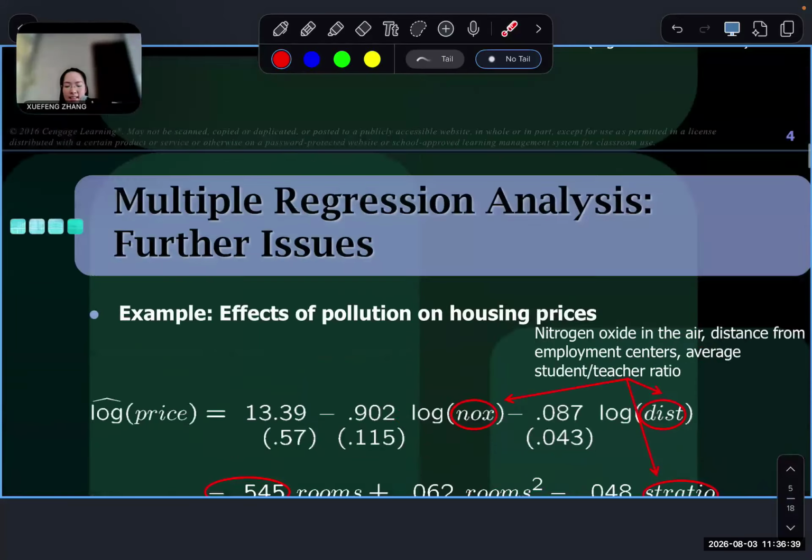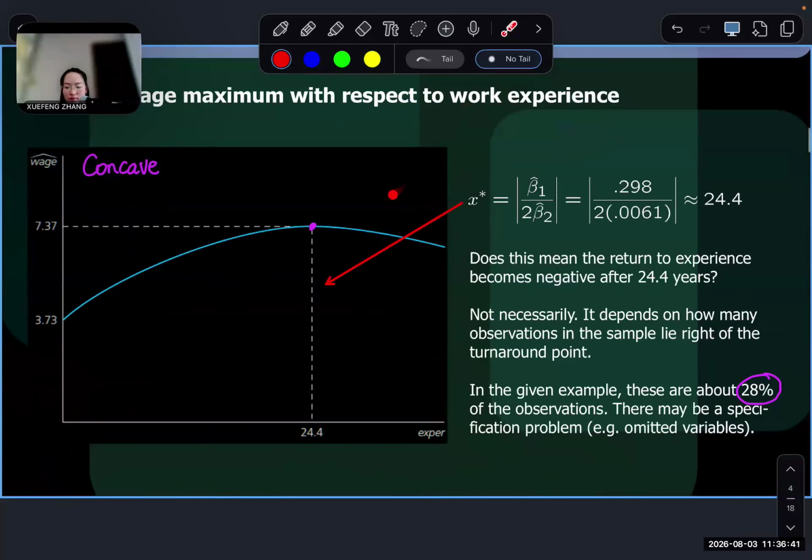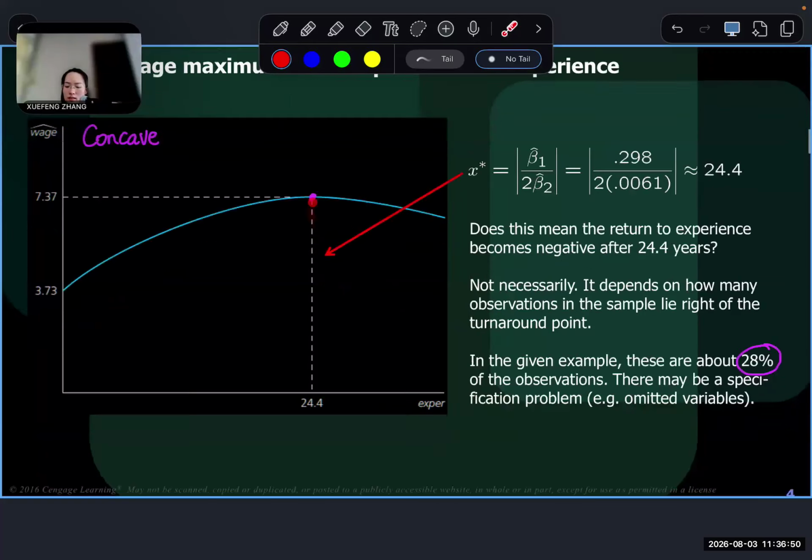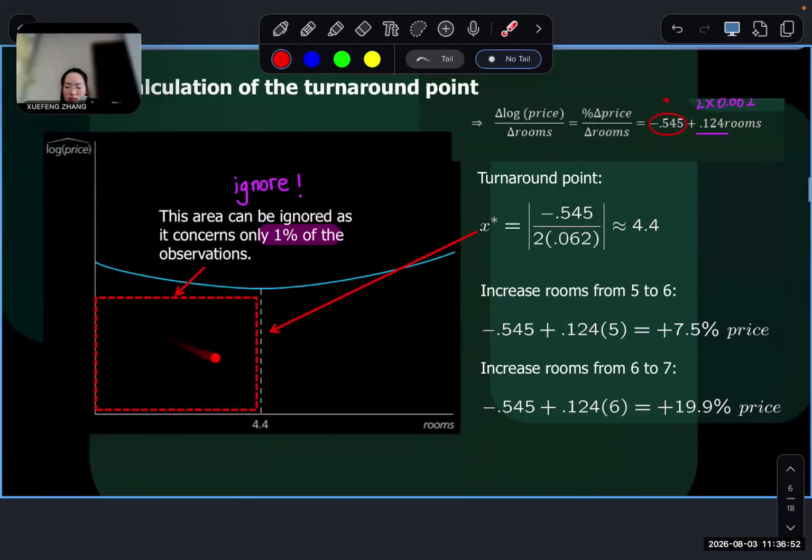Okay, the example that I showed you before. Maybe this is more realistic, okay? Think about cost minimization. That's why we need to find the minimum point.